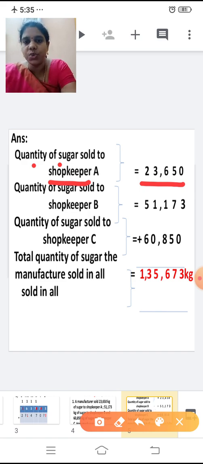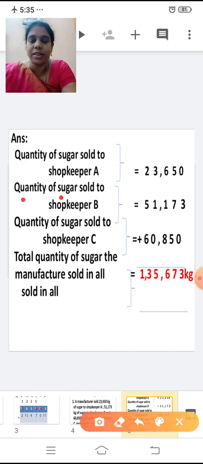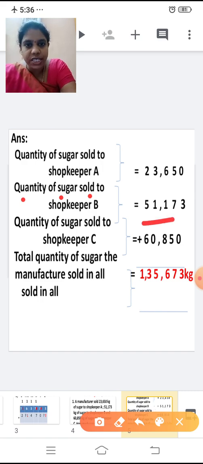Now the next one, quantity of sugar sold to shopkeeper B. How much quantity has he sold? 51,173. Now quantity of sugar sold to shopkeeper C. How much quantity has he sold to shopkeeper C?